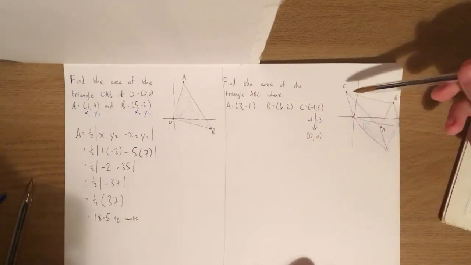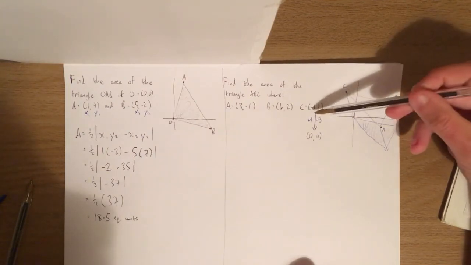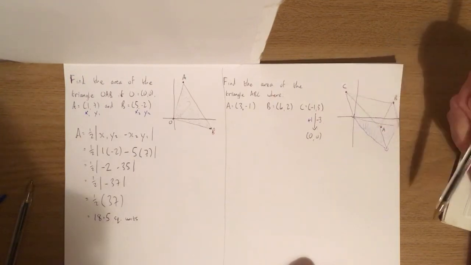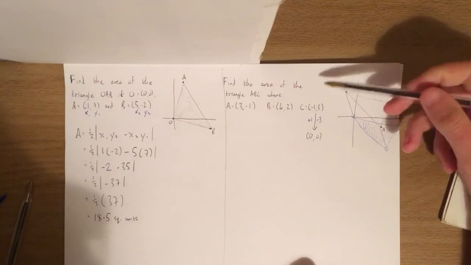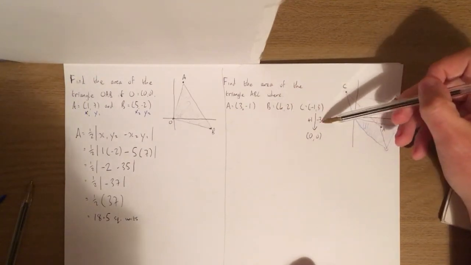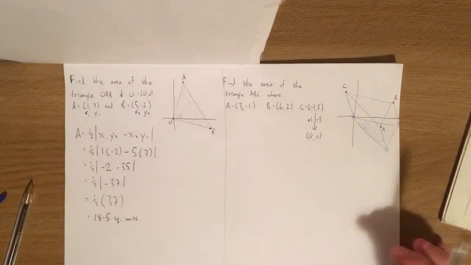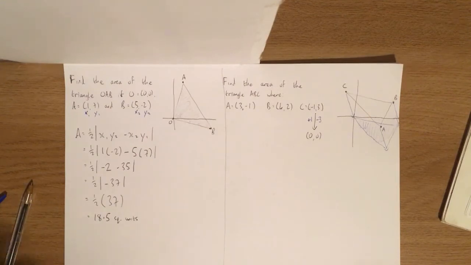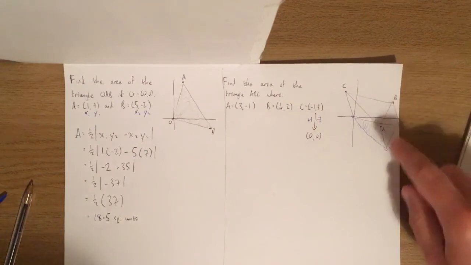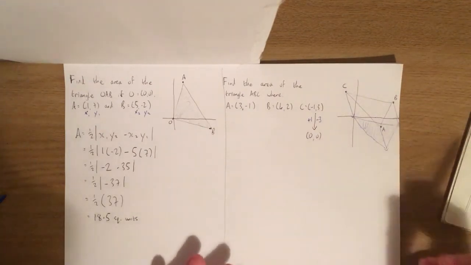So that's your translation, which gets point C onto (0, 0). You add 1 to the x coordinate, you subtract 3 from the y coordinate. You do the exact same thing to B and to A. You add 1, you subtract 3, you add 1, you subtract 3. As long as you add 1 to the x and subtract 3 from the y, you're doing the exact same translation. You're making that exact same movement. So that means you're not changing the shape and therefore the size of the triangle.